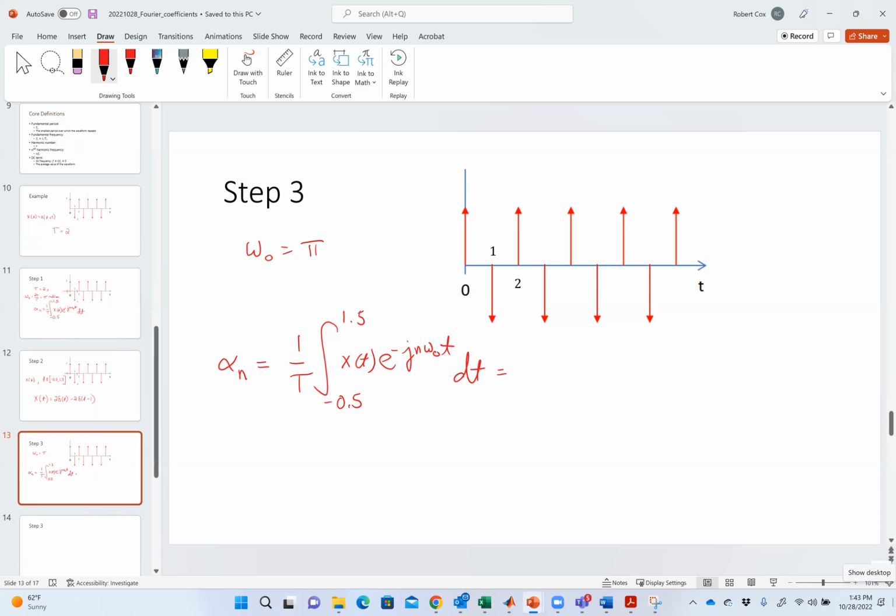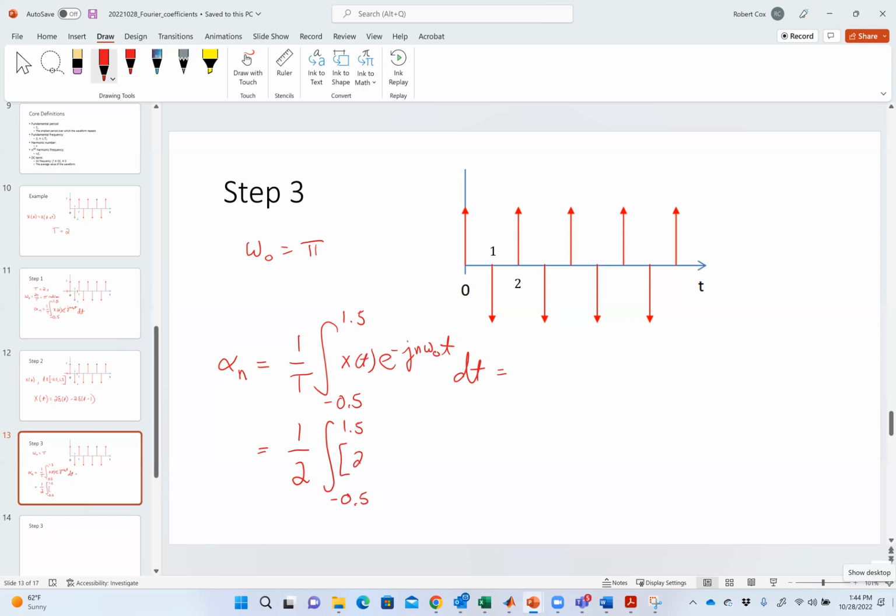Okay. What do I do? First thing I gotta do is put the function in there. What is x of t, which we defined, right? Last time it was super simple because the example I did was a square wave, a constant over half of the period. In this case, the period is 2, so 1 over 2, integral from negative 0.5 to 1.5, and I plug in x of t.